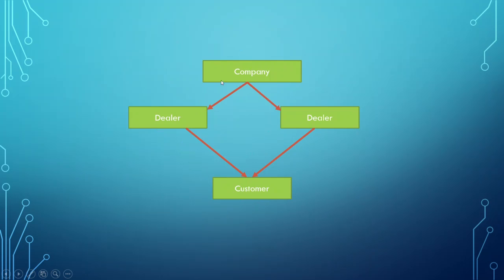All these members of the database will have a link. The company will have a link with the dealer, and the dealer will have a link with the customer. So the network model is mainly used for having a relationship between the data members in the database.